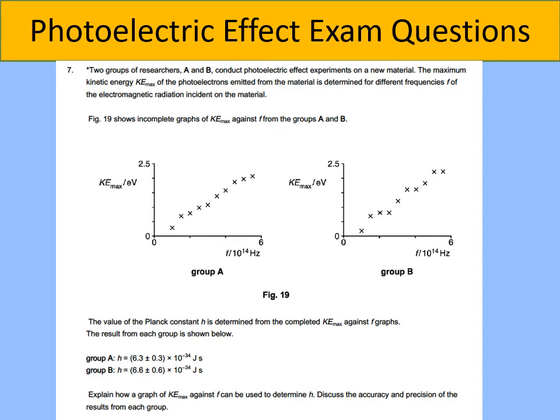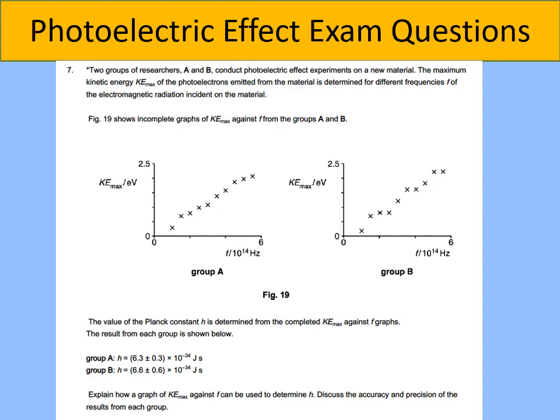So the question goes on to say the value of the Planck constant h is determined from the completed Ke max against f graphs. The result from each group is shown below. Group A found Planck's constant to be 6.3 plus or minus 0.3 times 10 to the power minus 34 joule seconds. Group B found Planck's constant to be 6.6 plus or minus 0.6 times 10 to the power minus 34 joule seconds.